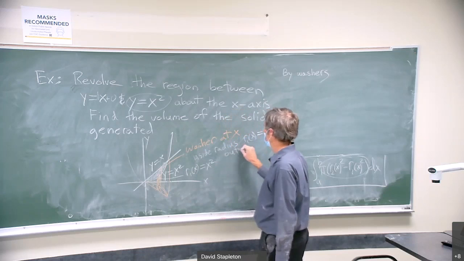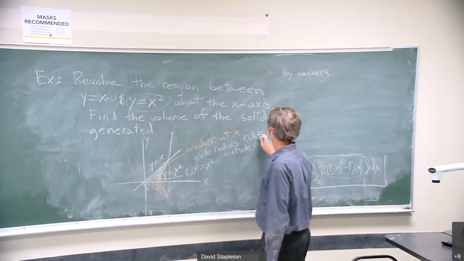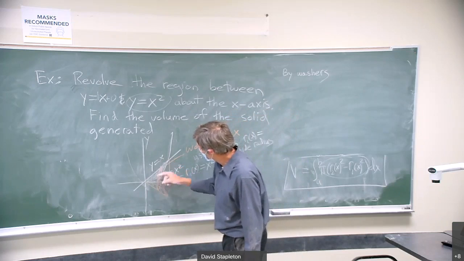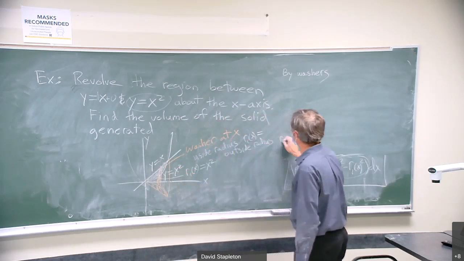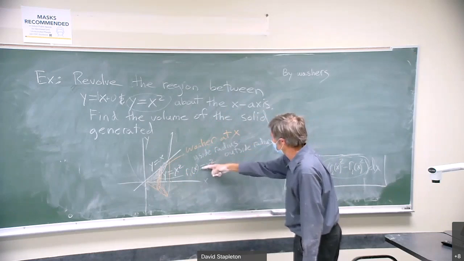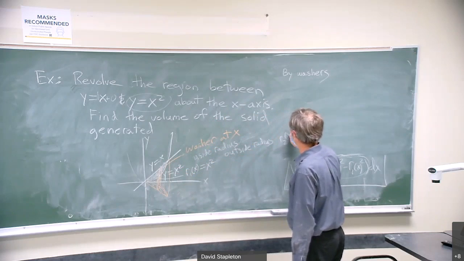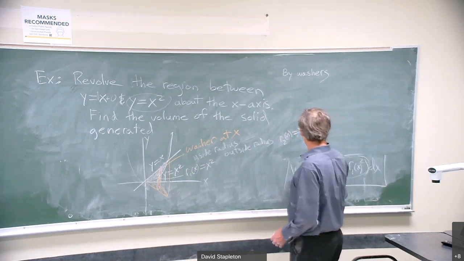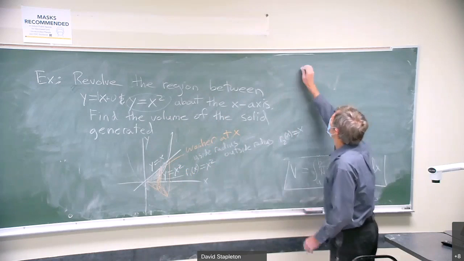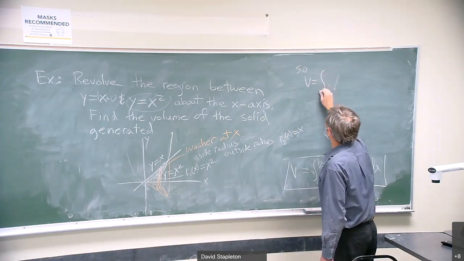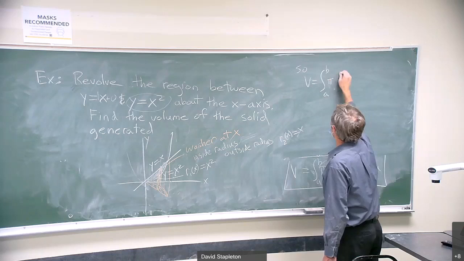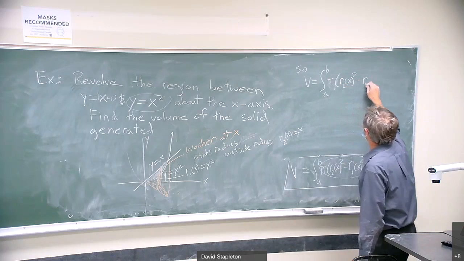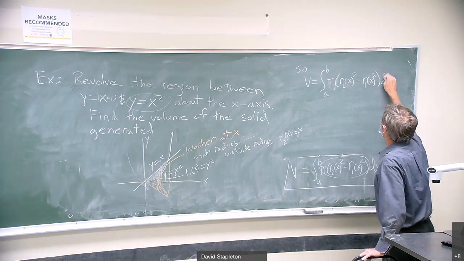The outside radius is the distance up to the line y equals x, so R2 of x equals x. So the volume by this formula is the integral from a to b of pi times R2 squared, the outside radius squared, minus R1 of x, the inside radius squared, dx.